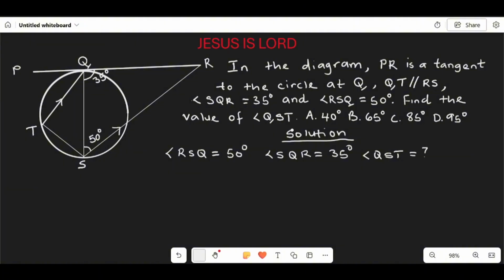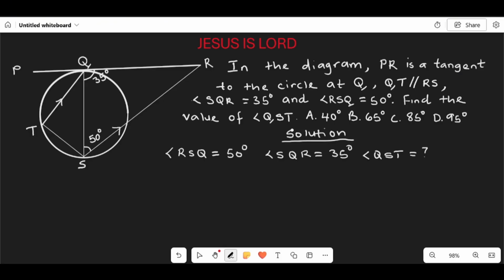Now, let us find angle XQT. In the diagram, RX is parallel to QT. That means that angle RXQ and TQX are alternate angles and they are equal to each other.